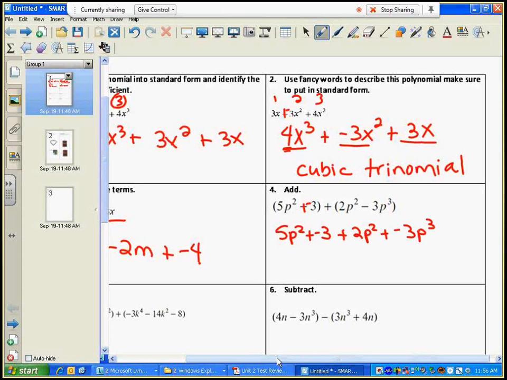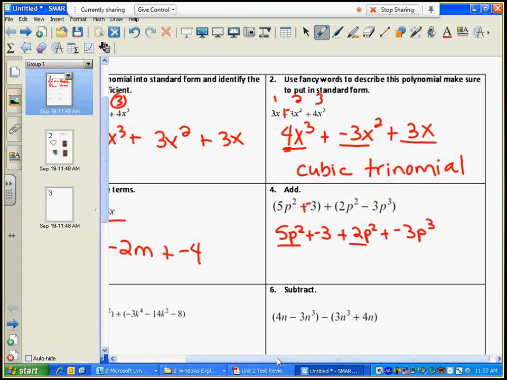Now I'm combining my like terms. I cannot combine my p squared and my p to the third. They're not like terms. When it comes to like terms, it has to be the same variable raised to the same exponent. But I can combine 5p squared and 2p squared.